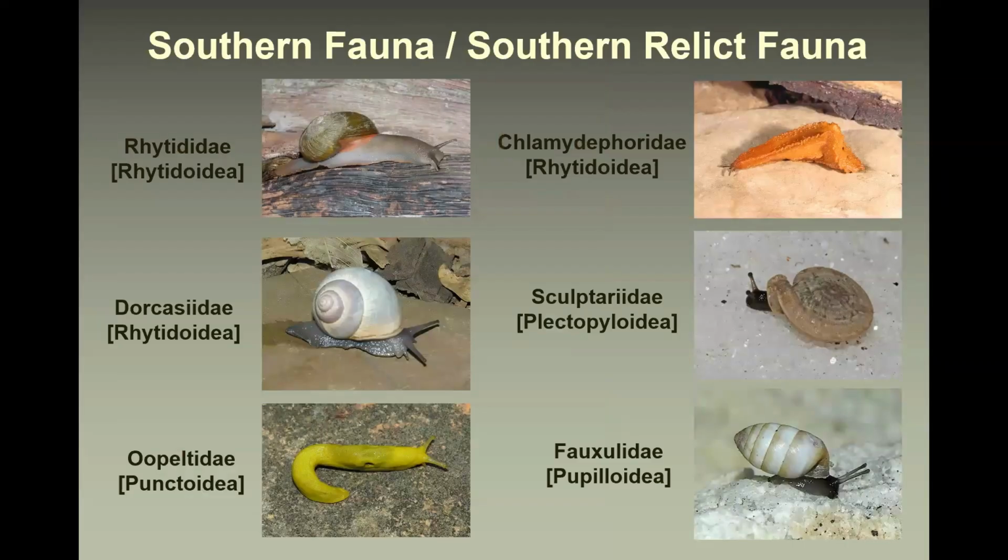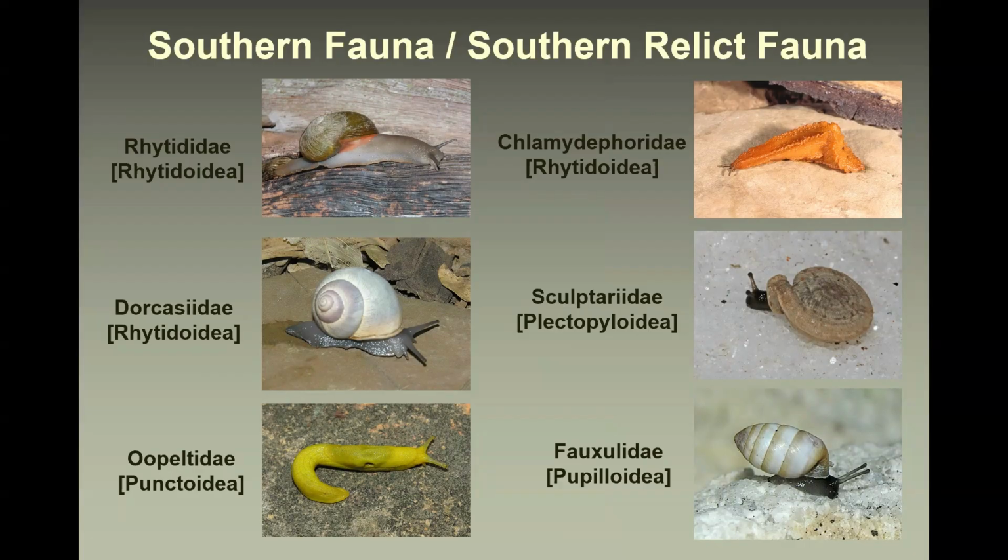And then, unfortunately, you can't read the title there. These are some of the southern groups, the so-called relic groups, if you like. And the ones we're going to be talking about today are the Rhytididae, the cannibal snails, and the Chlamydophoridae, the hunter slugs. Other relicts are the Dorcasiids.